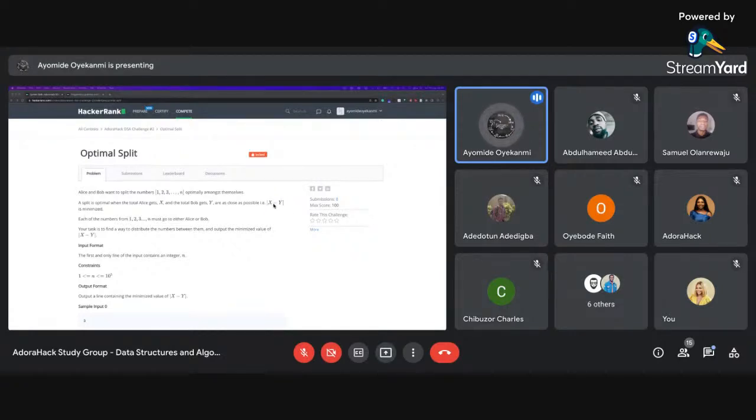That means the absolute difference between x and y is minimized. Each of the numbers from 1 to n must go to either Alice or Bob. The task is to find a way to distribute the numbers amongst themselves, and output the minimized value of the absolute value of x minus y.